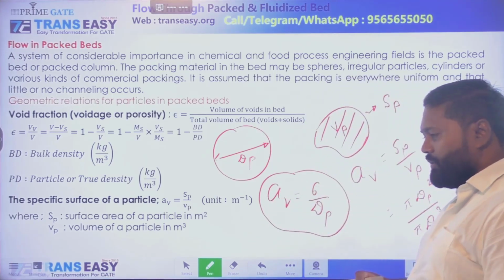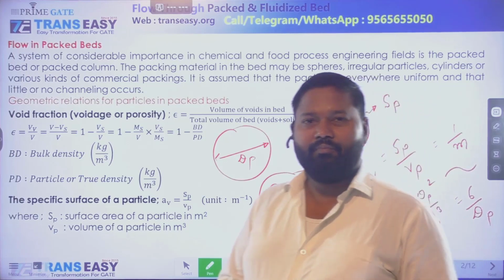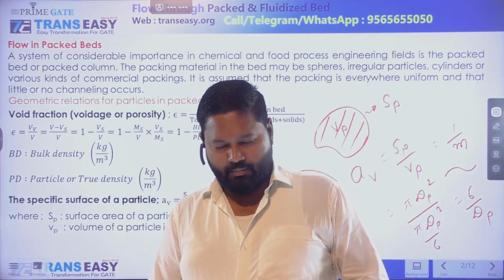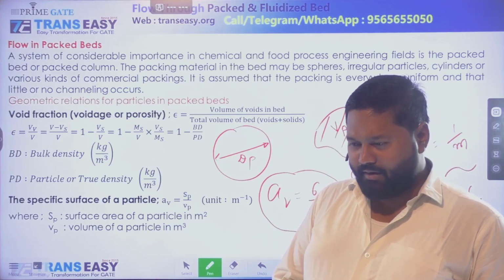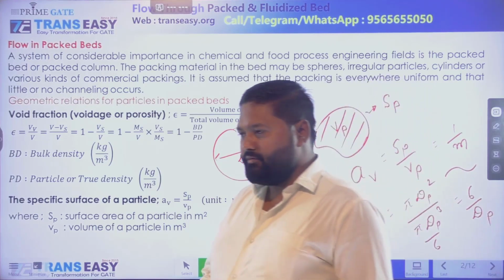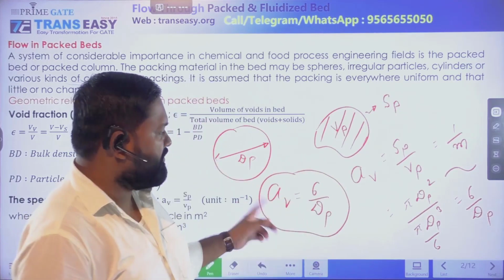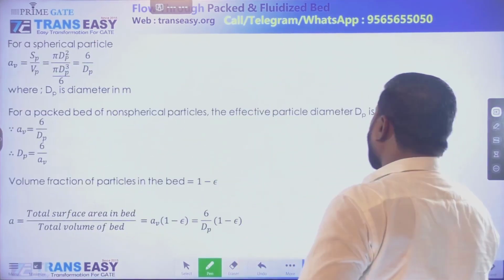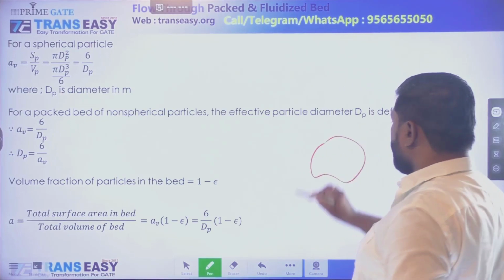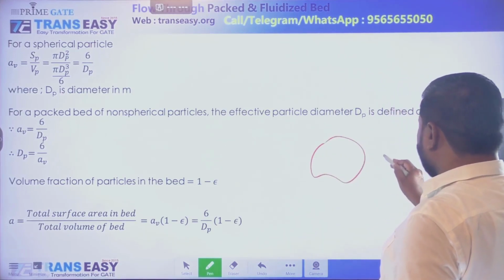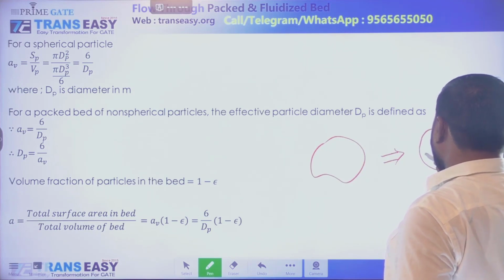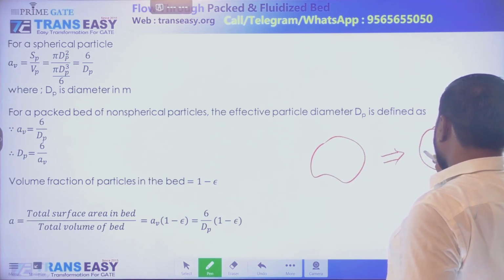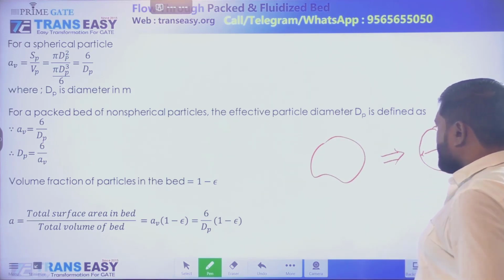We make a non-spherical particle equivalent to a spherical particle by using equal AV for both. This is the non-spherical particle and its equivalent spherical particle of diameter dp.